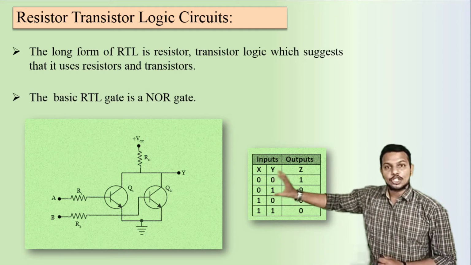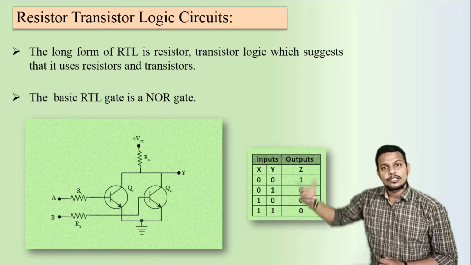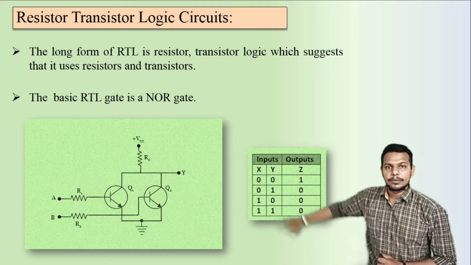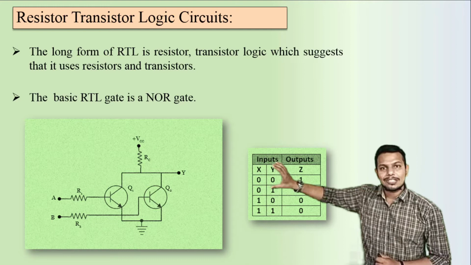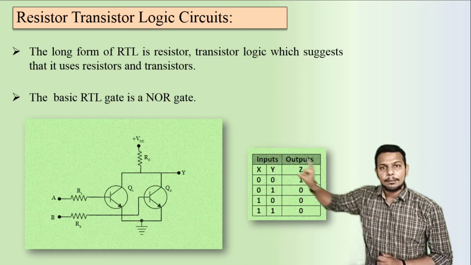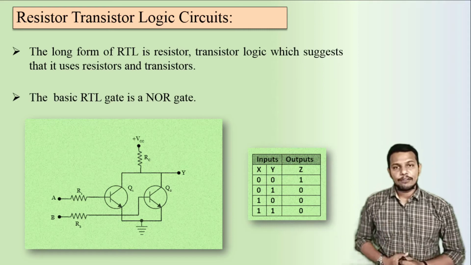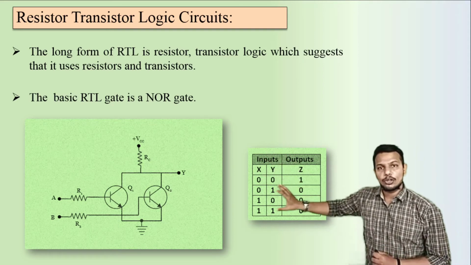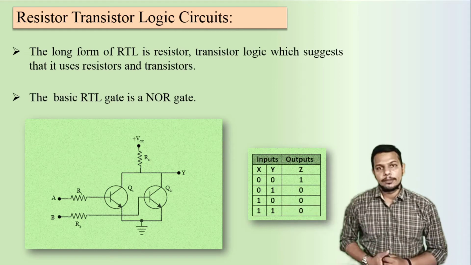Now the voltage drop across this RC is also 0. That means plus VCC is directly present at the output side. If I applied 15 volts at plus VCC, then your output will be 15.